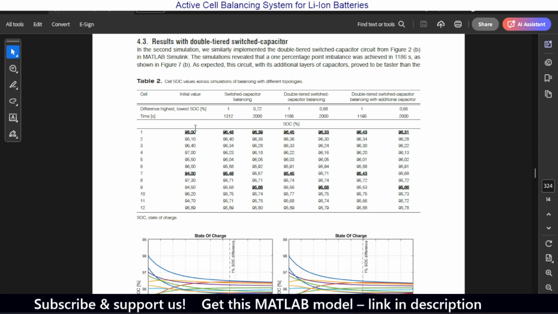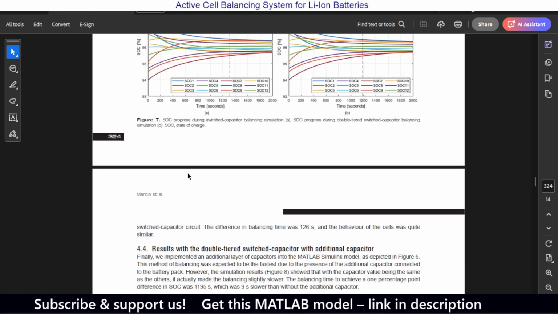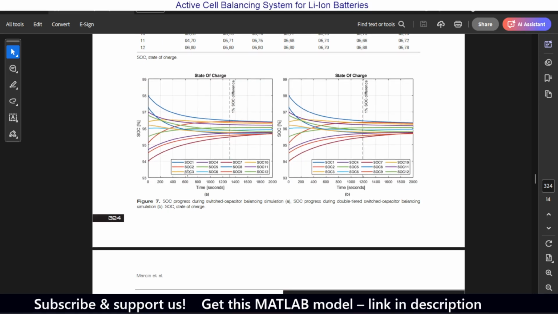As you can see here, a battery is having 98% SOC, and the lowest SOC can be seen in the seventh battery and some other battery here. So our objective is making the SOCs of different batteries converge to the same point. Initially the SOC of this battery is 98 percent and the lowest one is around 94 percent.